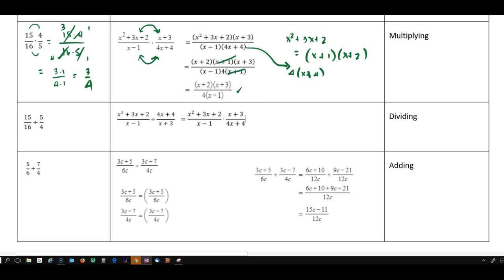We're left with this. So in multiplying, you multiply across numerator and across denominator, you factor what you can factor, and cancel common factors.